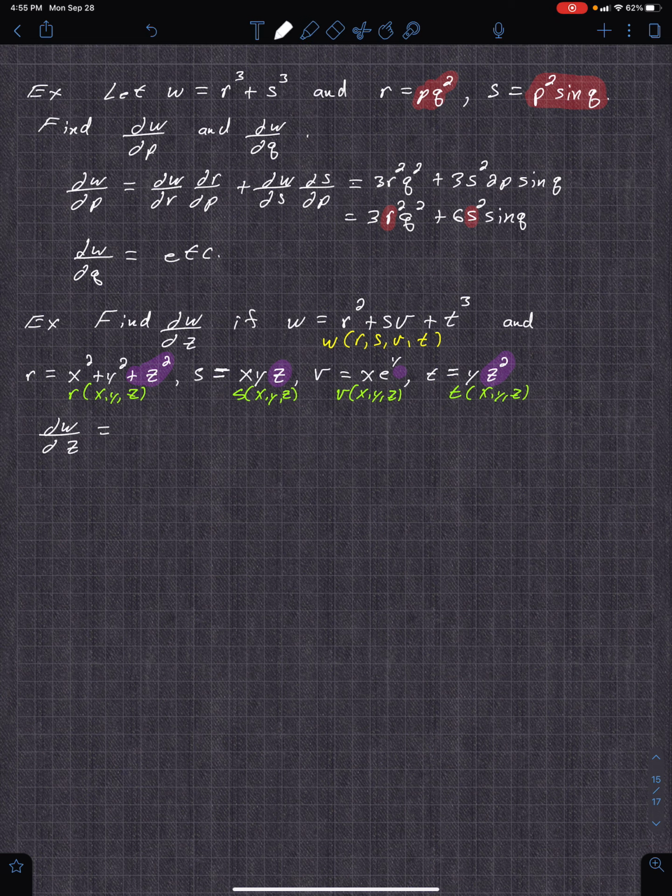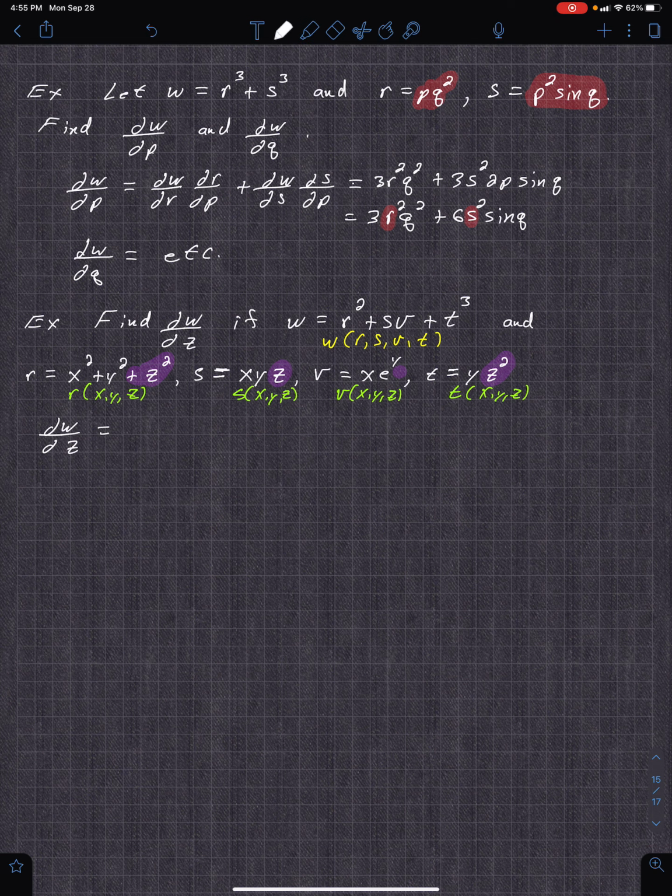So I'm going through and making sure I'm hitting each one. Here's R, here's S, here's V, and here's T. And it's a partial because each one of those is a multiple variable. So now you go through and take each partial.